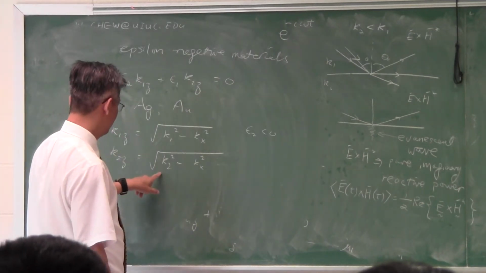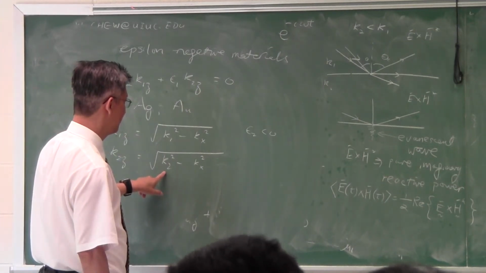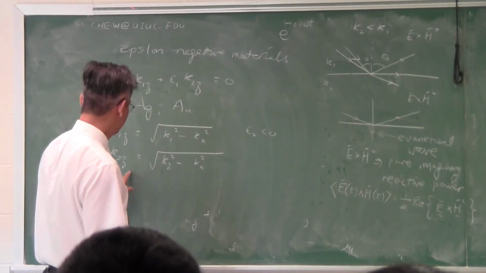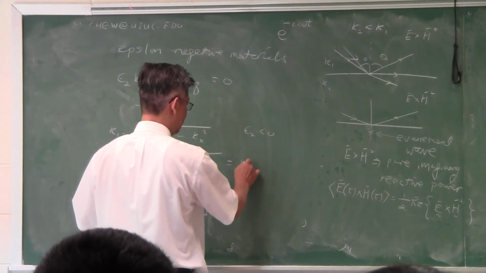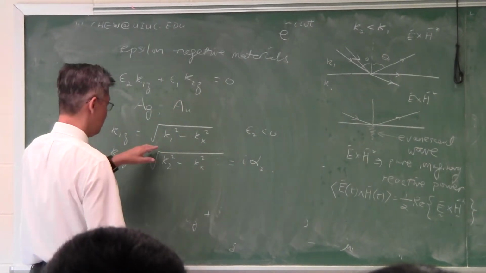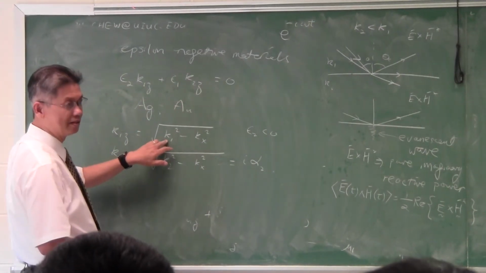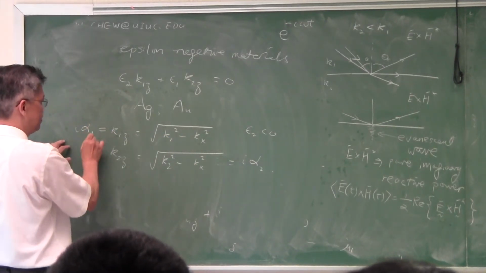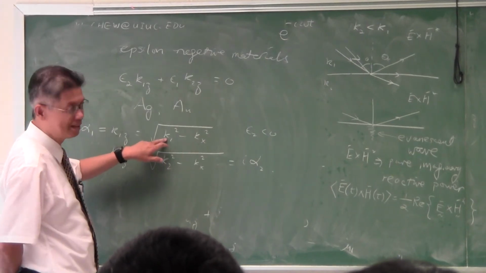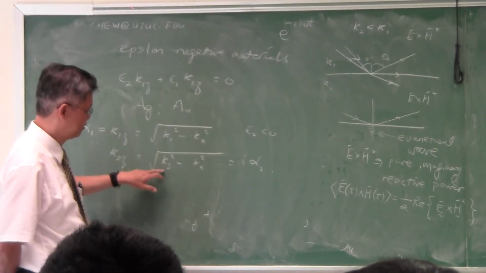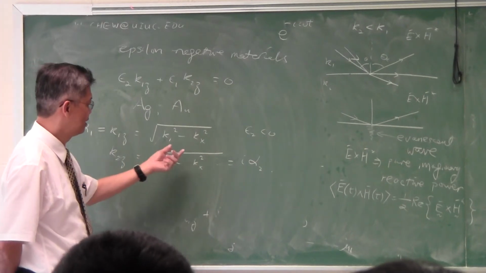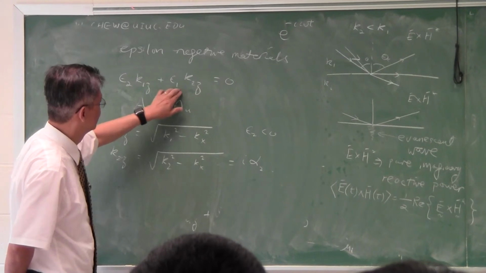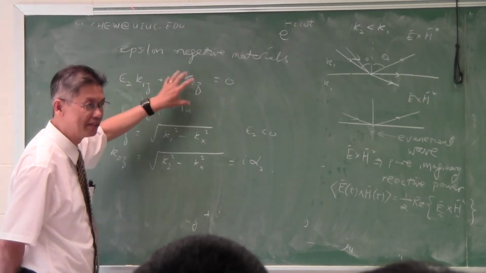Then k2 squared is negative, and this whole thing becomes imaginary. Let's assume that this is positive, but kx is larger than k1, to make this pure imaginary. This one does not have to be epsilon negative material. But you can have a situation where this is pure imaginary, this is pure imaginary, and since one of them is negative, they will cancel each other.